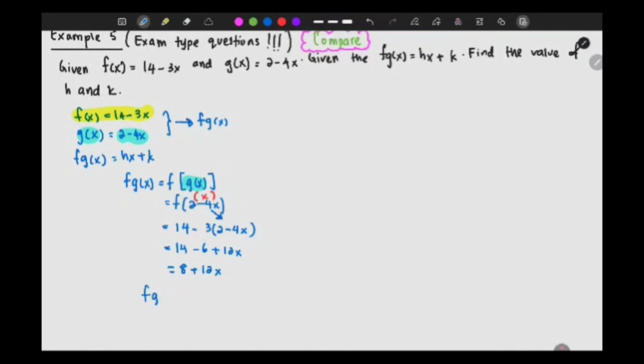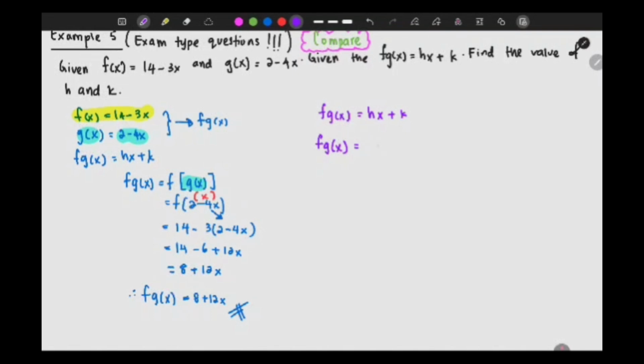But the fgx that they provide to you is hx plus k. And look at yours, your fgx, 8 plus 12x is what you find, isn't it?